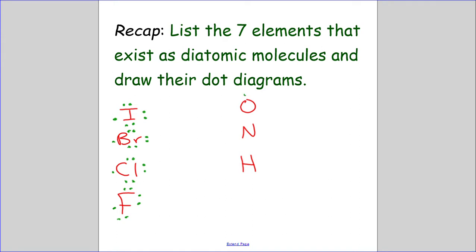Oxygen has 6 around it. Nitrogen has 5 around it. And hydrogen just has a single one. So those are dot diagrams for all of our diatomic molecules. Whenever these things exist in nature, they exist as groups of 2. So you'd see O2 or N2, H2, I2, and so on.